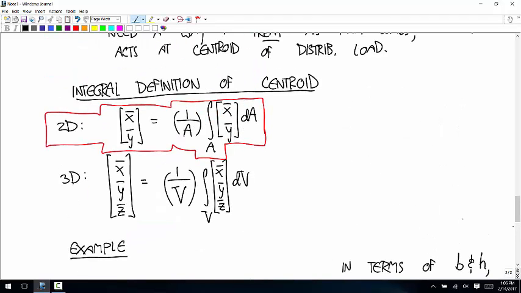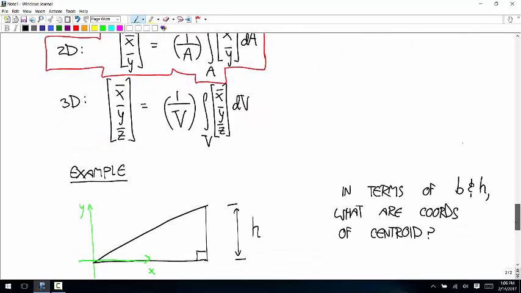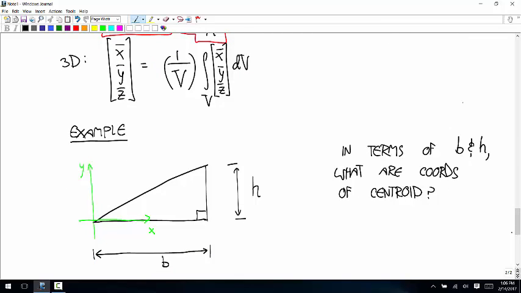With any kind of application of an integral definition, the real key to being able to use it is figuring out a good way to break up your total region into these infinitesimal pieces. So like, for example, we're doing a right triangle.